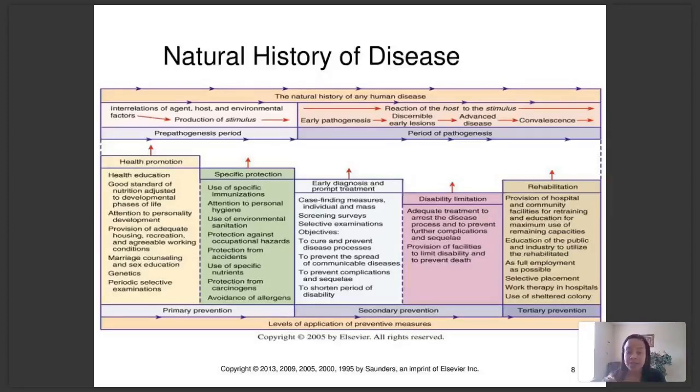Then we get to the period of pathogenesis, and then we have those three components that fall under there. Two of these columns fall under the secondary prevention, and the one follows under the tertiary. So early diagnosis and treatment is going to fall under the secondary prevention. So your screenings are going to come into that period. So this is when, remember up above at the top, now the host is introduced to the disease.